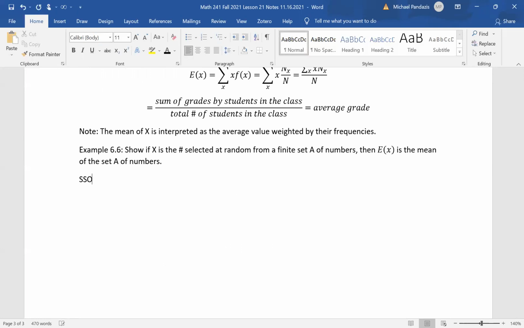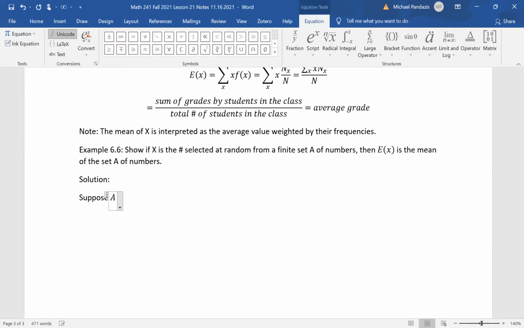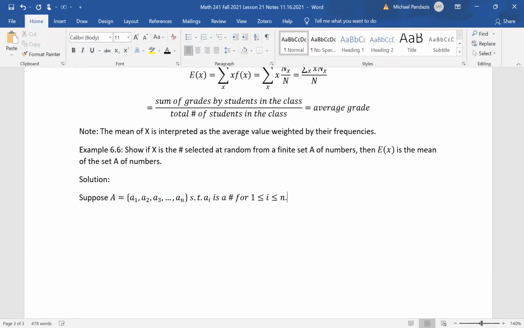Okay. So first, we suppose that our set capital A, we just give a way of representing. Capital A is a set, a finite set of numbers. So let's call capital A the set A1, comma A2, comma A3, comma dot dot dot, comma A sub n, such that A sub i is a number for all i between 1 and n.